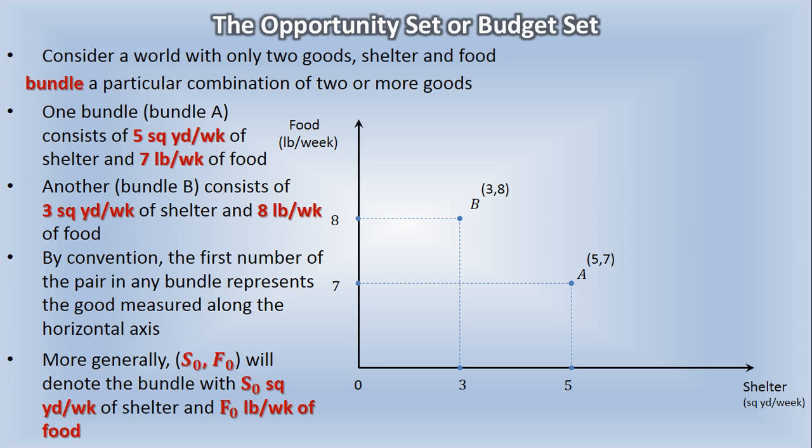But the heart of it is what you see here. The basic logic can be demonstrated in a simple two good world, and all the insights translate into the more complicated case.